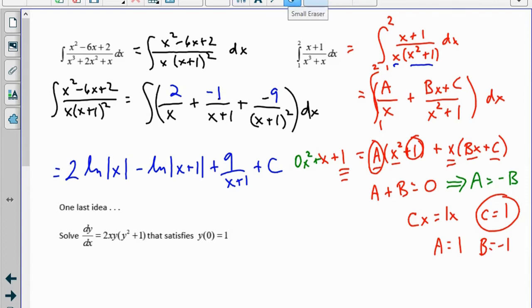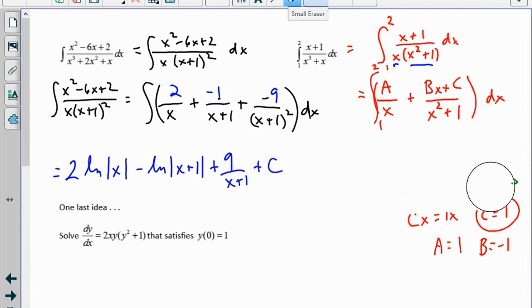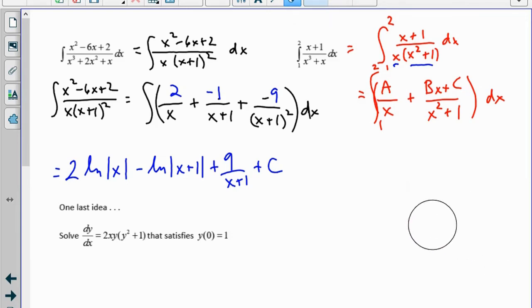So I can take all of that, and I'm going to erase this stuff so I have enough room to write some stuff down. So a is 1, b is negative 1, and c is 1. So I put a 1, negative 1, and 1 up here, and now I integrate this stuff.